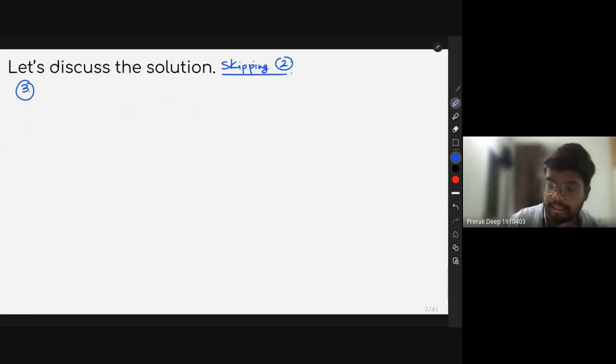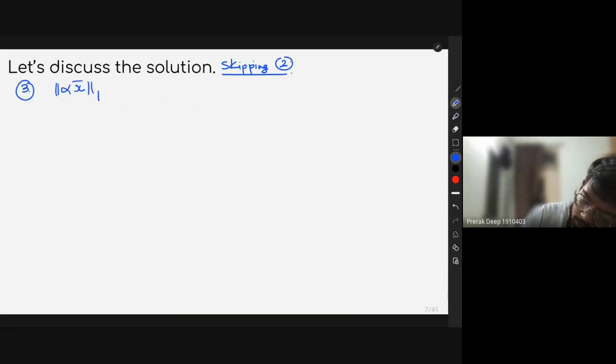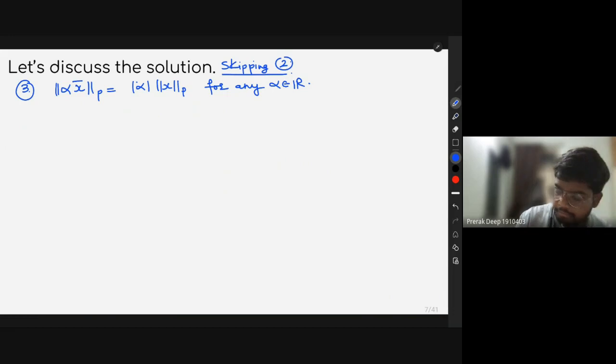The third property says it's linear in some sense, that the modulus of a scalar comes out of the norm. So the norm of alpha times x is equal to the modulus of alpha times the norm of x, for any alpha in R.